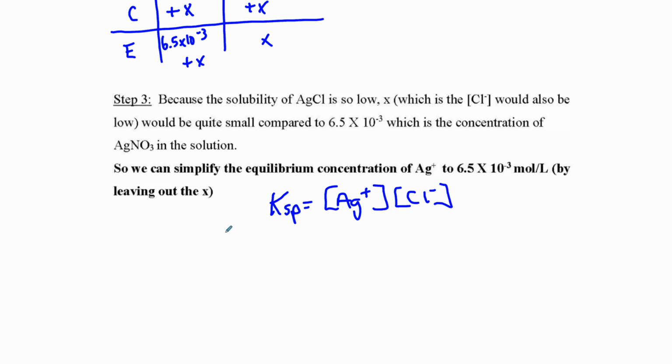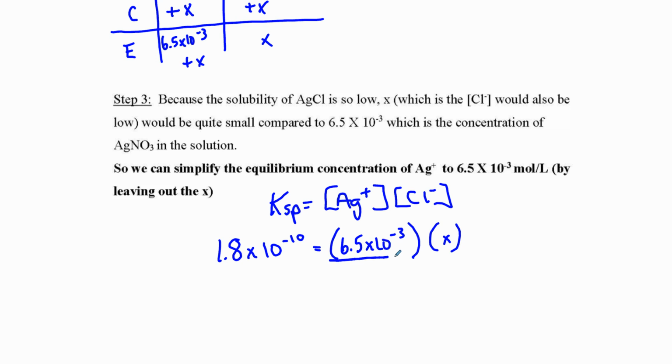Okay, and we were told in the question that the KSP is equal to this value. Now instead of writing this whole expression, I'm simply going to write it as 6.5 times 10 to the negative 3, and for chloride, I'll just put X. So now that's a lot easier to solve than it would have been.